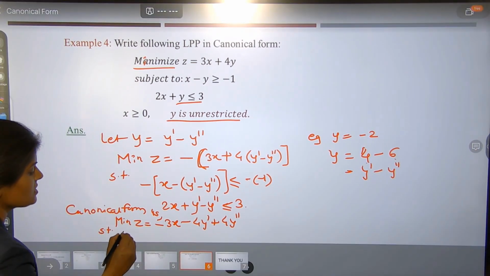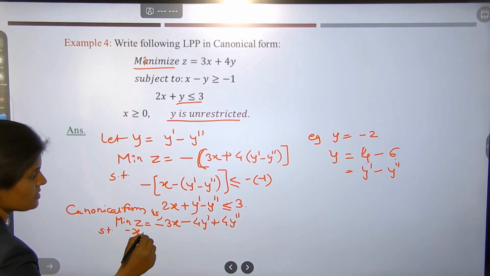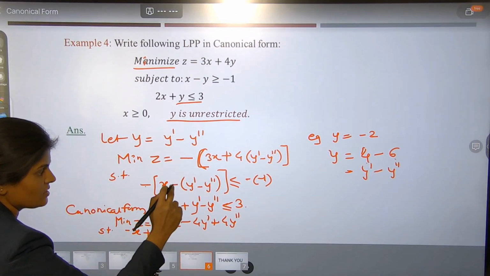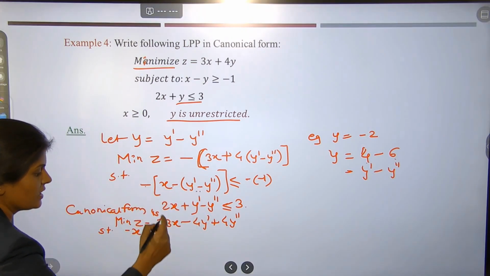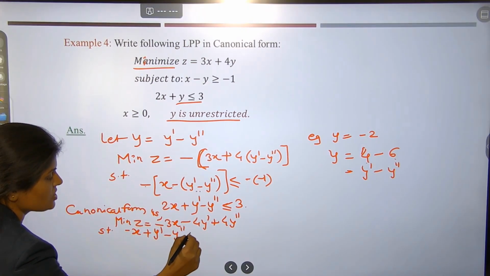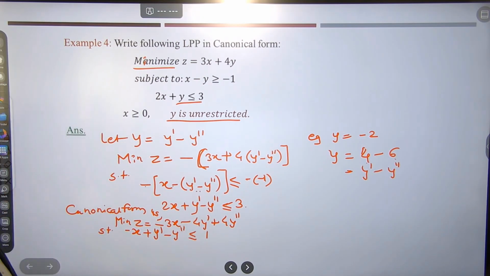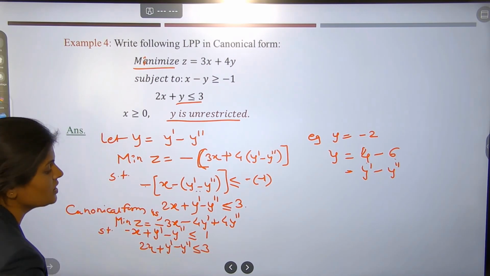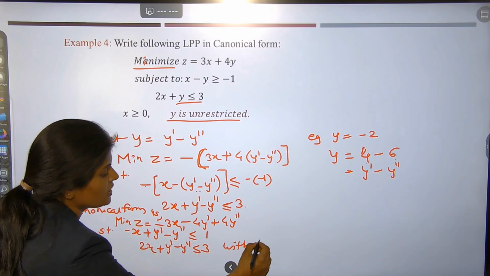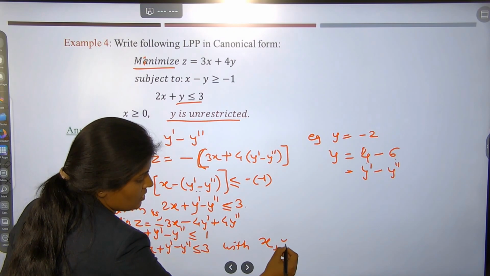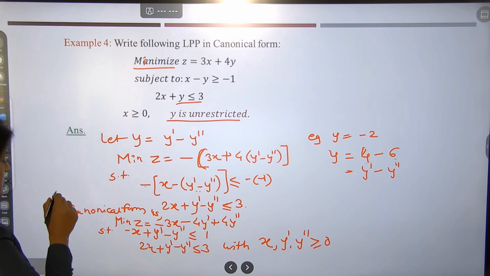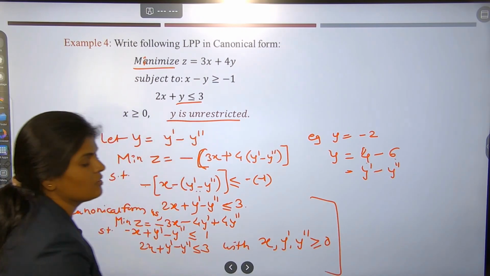The first constraint is minus x plus y dash minus y double dash, hmm, minus of minus gives plus, so minus x minus y dash plus y double dash less equal minus of minus 1 is 1, and the second constraint 2x plus y dash minus y double dash less equal 3, with non-negative conditions applied on x, y dash, y double dash. They should be greater equal 0. So this is the canonical form of the given LPP.